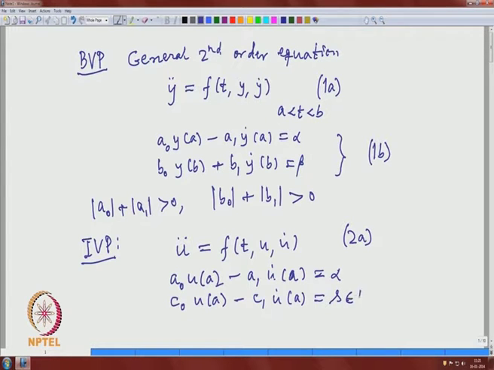S is a parameter at our choice and again a real number, and this is 2b. By independence what I mean is that a1 c0 minus a0 c1 we have fixed c0 and c1 such that this is 1.